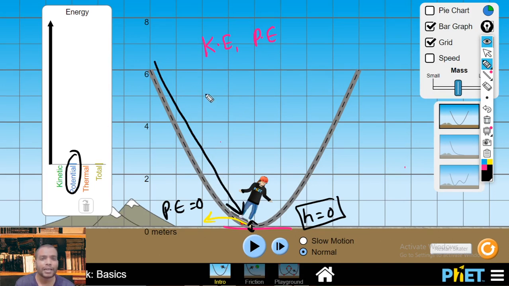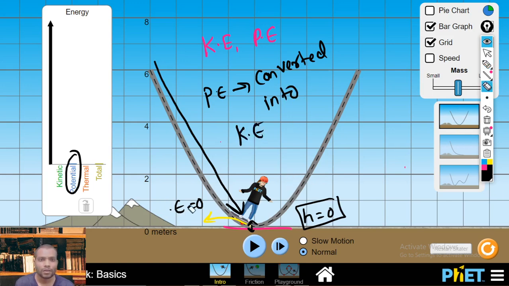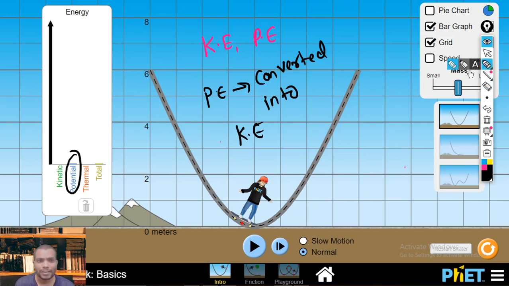The potential energy is converted into kinetic energy. So at the bottom, his potential energy equals 0, but his kinetic energy is maximum.